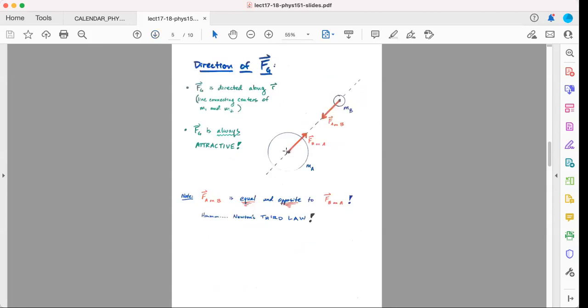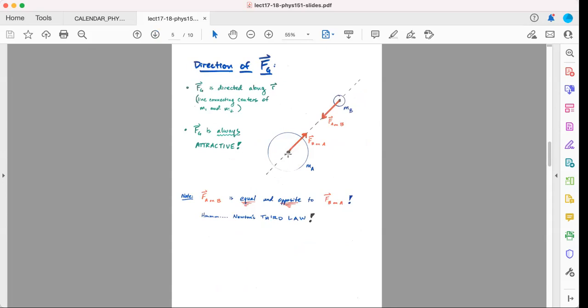And then the direction of the force, because this force is a vector, right? It is always along R, where R connects the centers of M1 and M2. So you see here MA, we consider MA like a dot that has all the mass of the entire object.